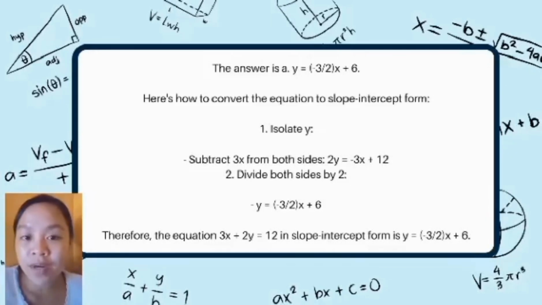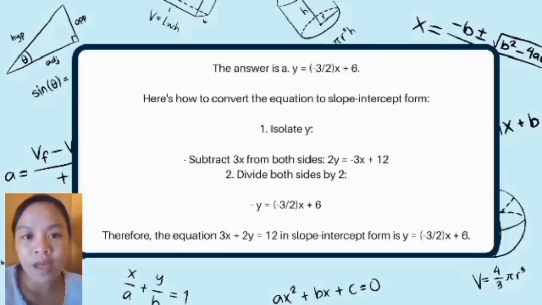So here is a breakdown of why we got that answer. First thing to do is we need to isolate y on one side of the equation. This will give us the form y equals mx plus b, where m is the slope and b is the y-intercept.